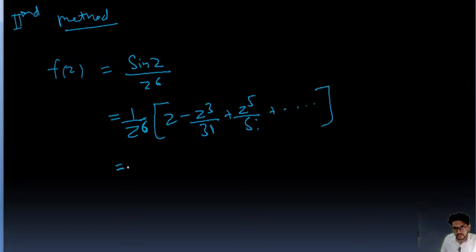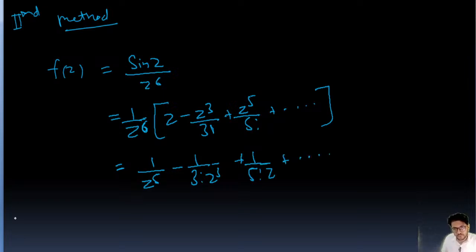So we multiply 1 upon z to the power 6 by taking it inside. This is going to be 1 upon z to the power 5 minus 1 upon 3 factorial z cube plus 1 upon 5 factorial into z plus so on, right?